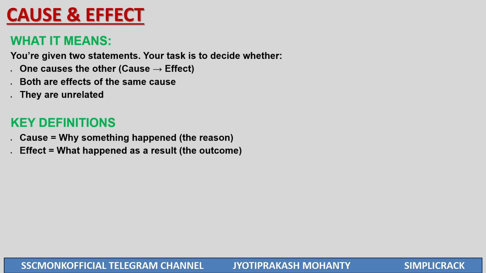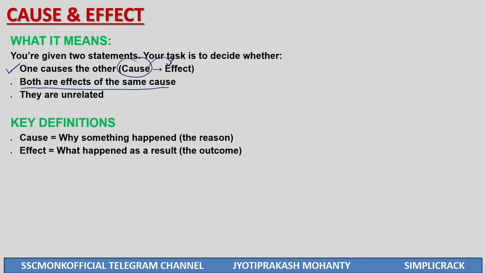Clear? Now, cause and effect, the last chapter of this analytical reasoning. Very simple. In cause and effect questions, whatever the statements are given, you need to ensure that one causes the other. Because of the cause, the effect is happening. Or both the statements are pertaining to the same cause, or they are not related.